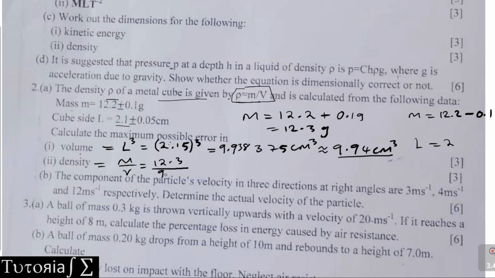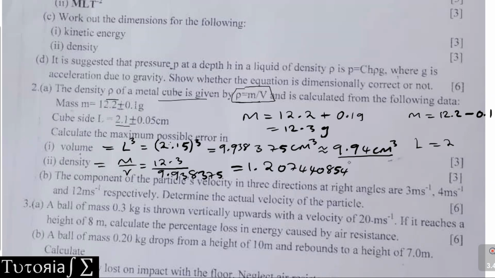Let's use the non-rounded-off value, 9.938375. So that will be 12.3 divided by 9.938375.